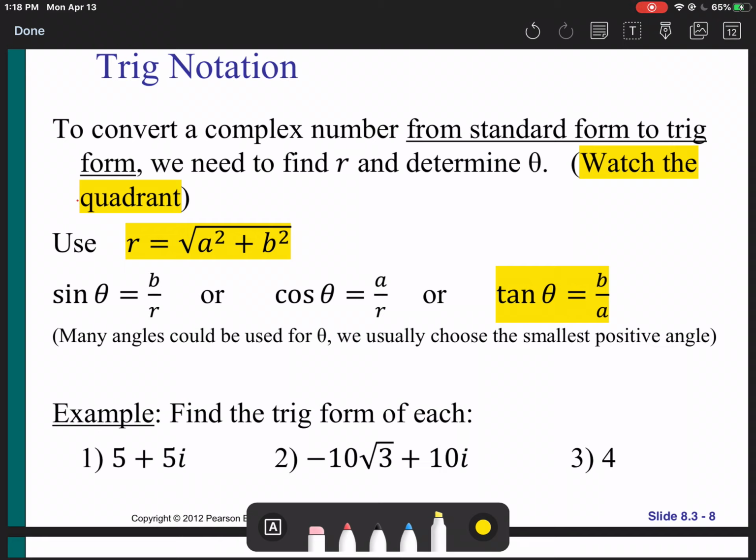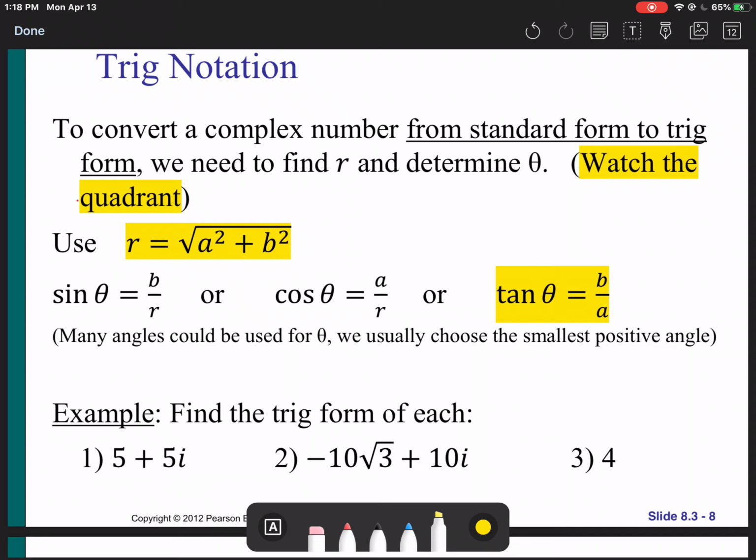Many angles could be used for theta. Of course, we tend to choose the smallest positive angle, and I'll point that out in a couple of the examples, because sometimes I can end up with an angle theta that's outside of our 0 to 360 interval.